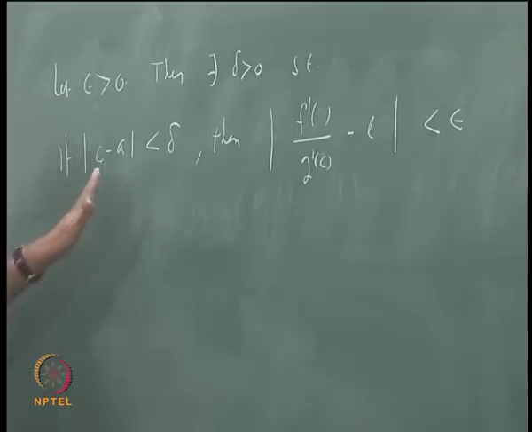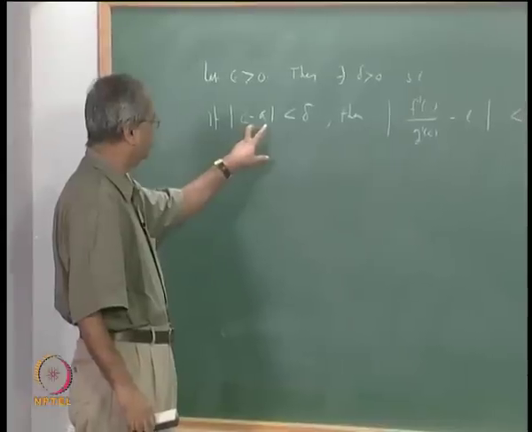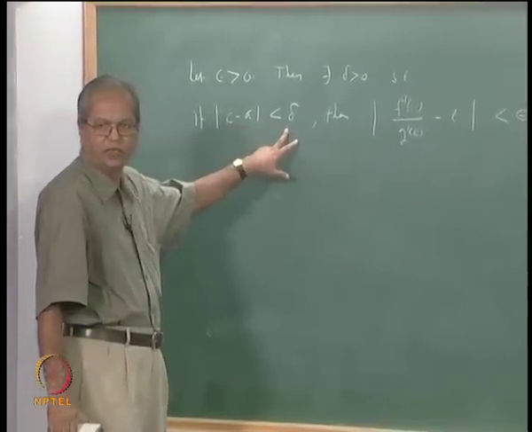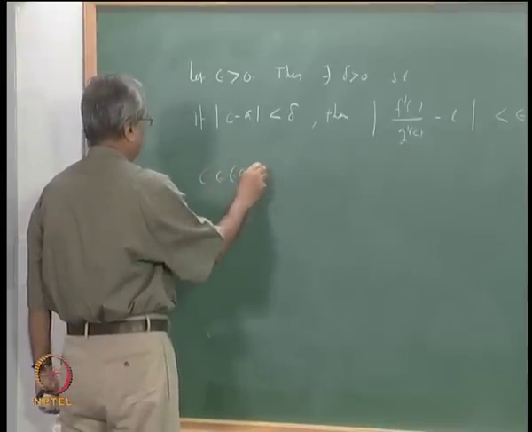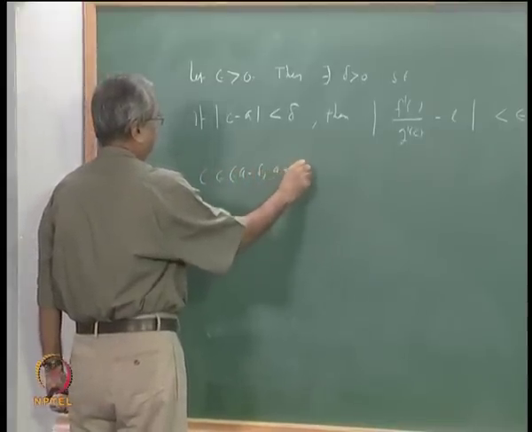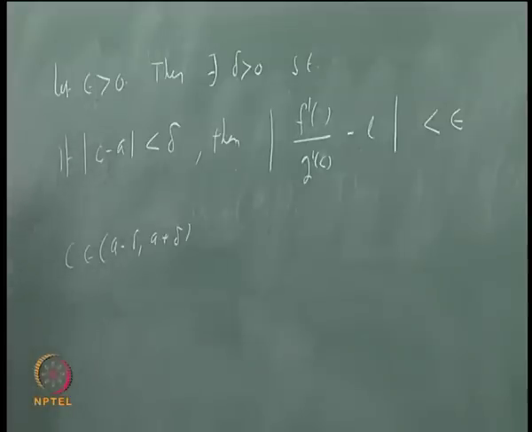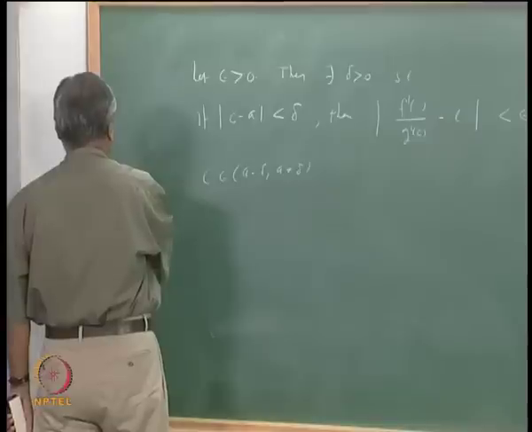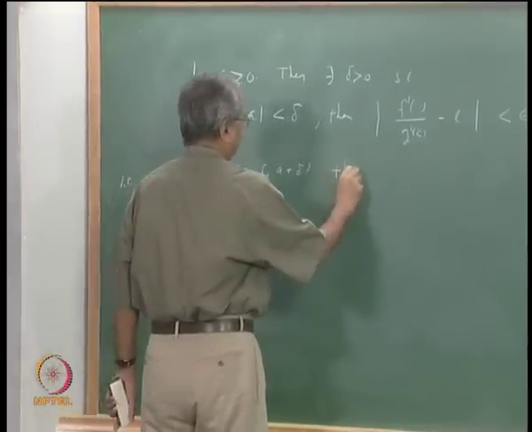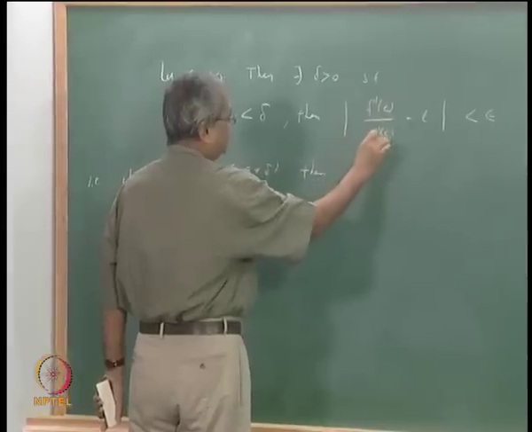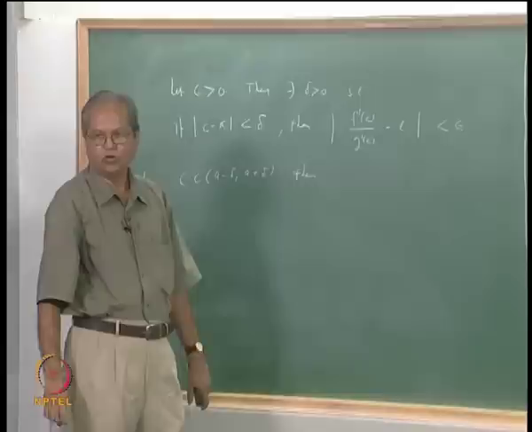Now let us rewrite this statement. Saying that mod C minus a is less than delta, it's same as saying that C belongs to a minus delta to a plus delta. And similarly, that is, if C belongs to a minus delta to a plus delta, then this f prime C by G prime C lies between L minus epsilon to L plus epsilon.